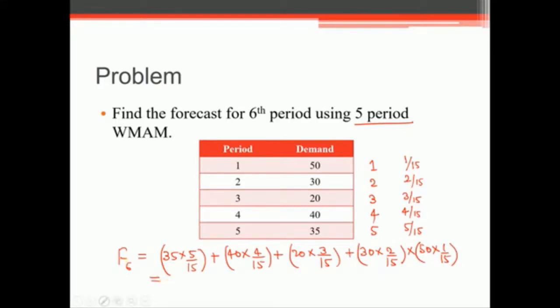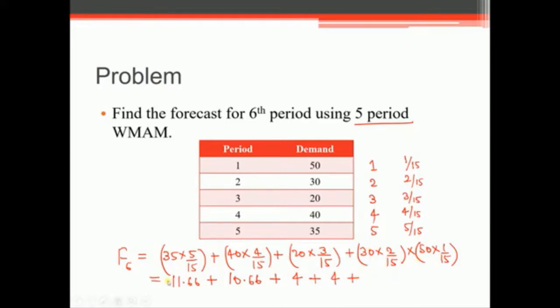Now let's solve this. 35 into 5 divided by 15, if you do, you will get 11.66. Then 40 into 4 divided by 15, you will get 10.66. And then 20 into 3 divided by 15, you will get 4. Then 15 2s are 30, so 30 into 2 by 15 is 4.